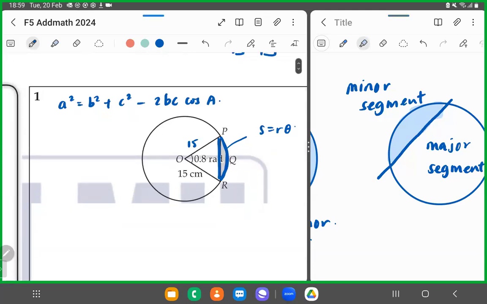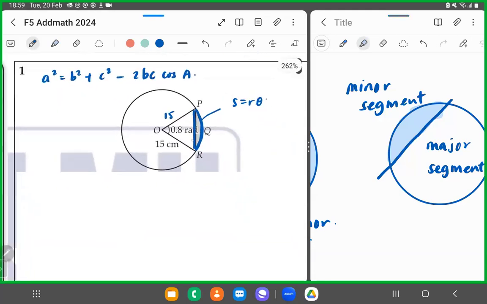Okay, so for example, this question, I want to find the perimeter, right? So straight line plus the curved line. So the straight line here will be PR, right? PR squared equals 15 squared plus 15 squared minus 2 times 15 times 15.